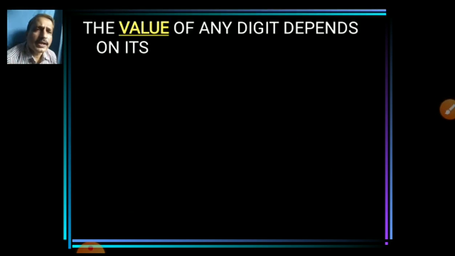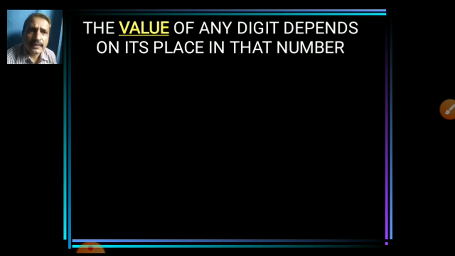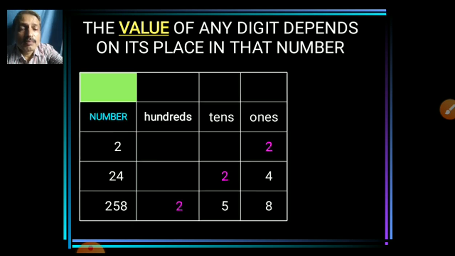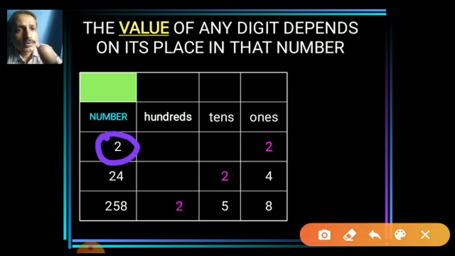The value of any digit depends on its place in that number. See students, a very important topic is here. You already completed these types of questions in lower standards, in 3rd, 4th, 5th standard, but you did not know the importance of these things. Here numbers are written. I have 3 numbers: 2, 24 and 258.